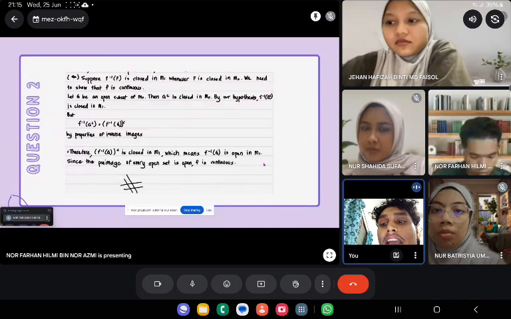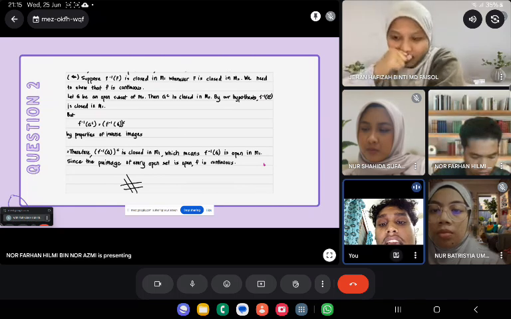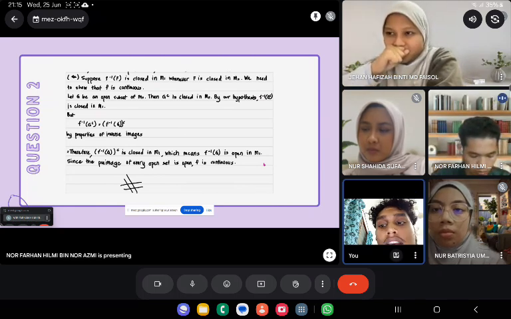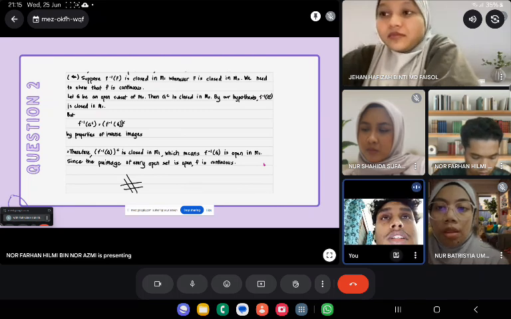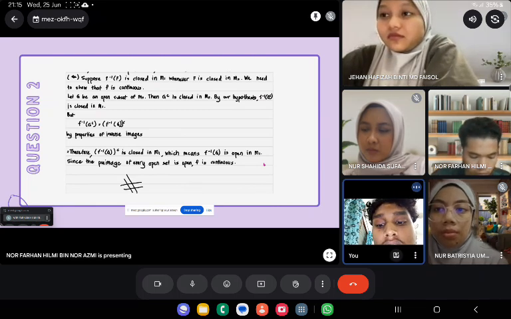Therefore, f inverse of G complement is closed in M1, which means f inverse of G is open in M1. Since the pre-image of every open set is open, f is continuous. So the theorem is proved.